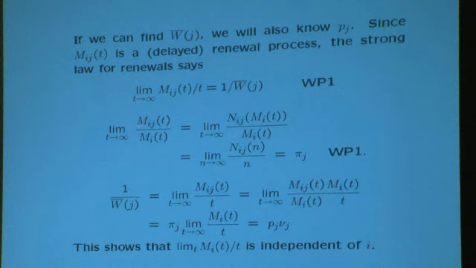How do I talk about that? Well, this quantity up here is the number of transitions into state j over the number of transitions that take place. N sub ij of t is the number of transitions into j out of total transitions. M sub i of t is the total number of transitions. M sub i of t goes to infinity.